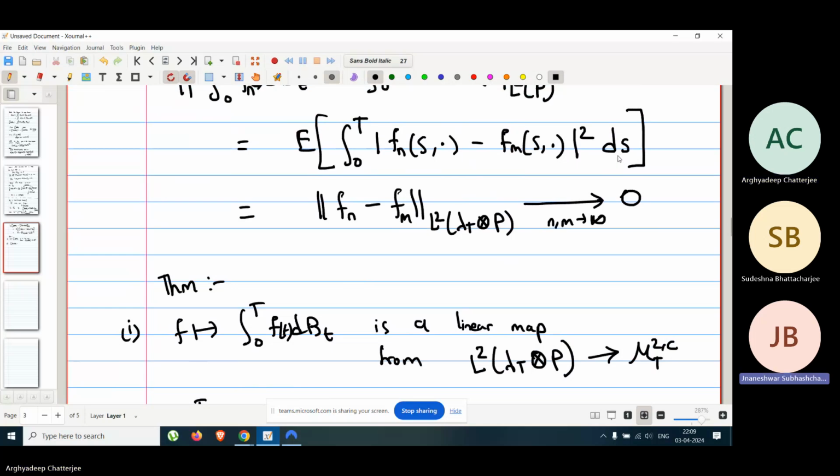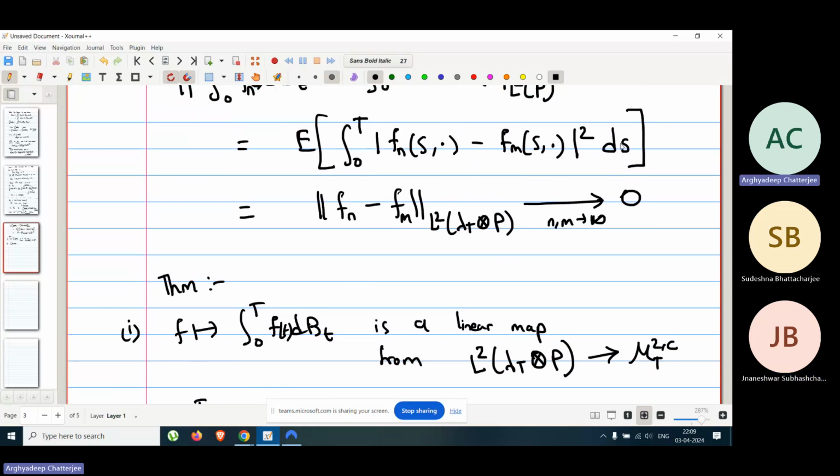If it is integrable on 0 to t, then it's defined. Any L2 function on 0 to t belongs to this L2 of lambda_t cross P.